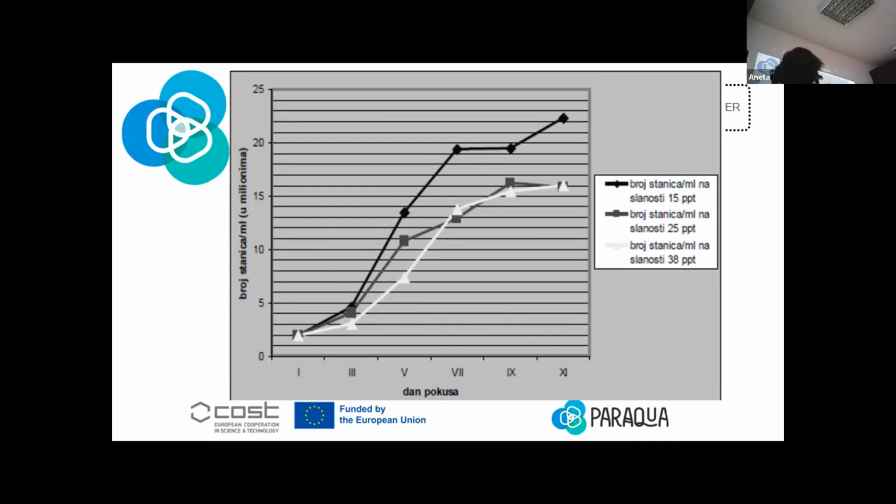So it means that with changing just one parameter, our culture can be significantly changed, or we can farm more algae in the same volume.